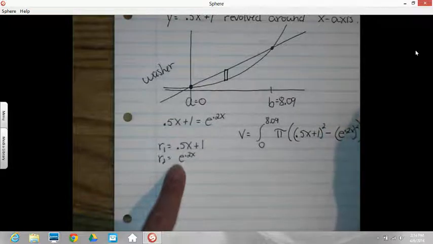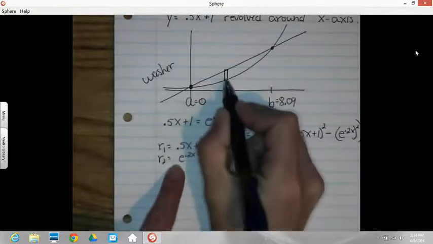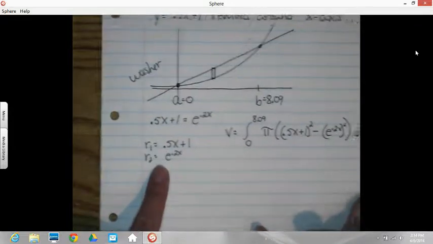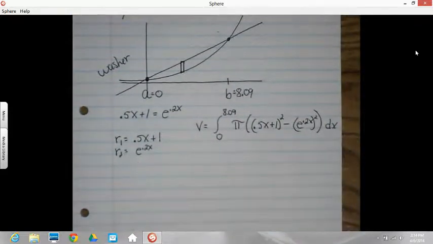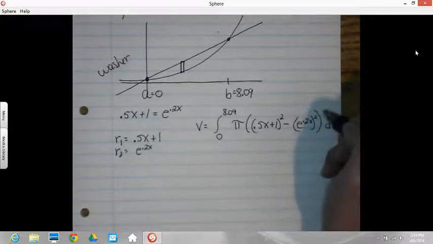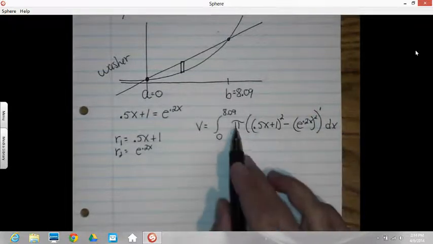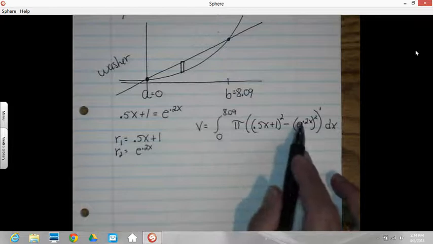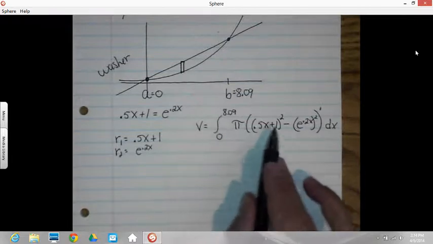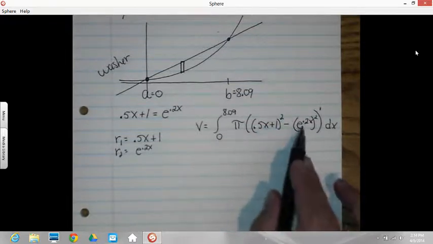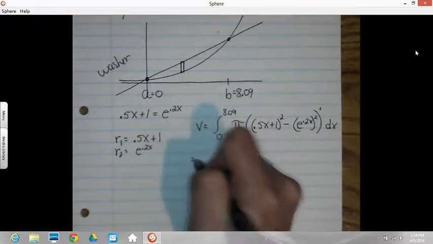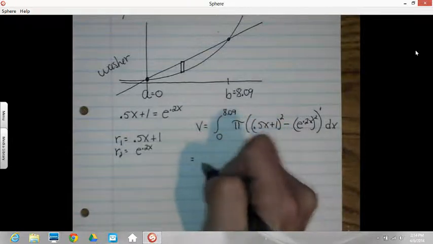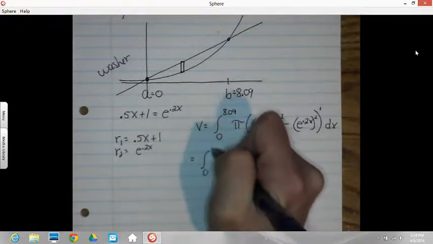Okay. Because I've got to integrate these, and remember this is the first power out here, so I can just distribute the pi to each one of these. And I am going to write them as two separate integrals because this one's an inside to a power, this one's an e. They're going to have different rules. So I'm going to take the time to rewrite this first one. The integral from 0 to 8.09 pi times 0.5x plus 1 squared dx.